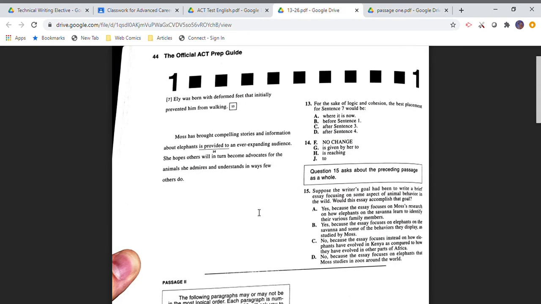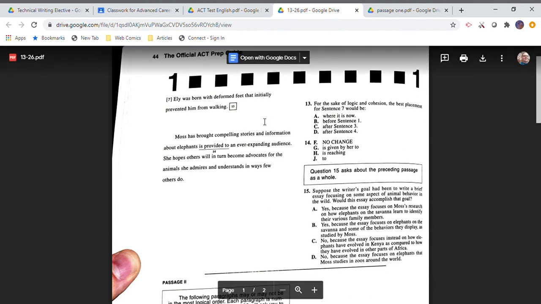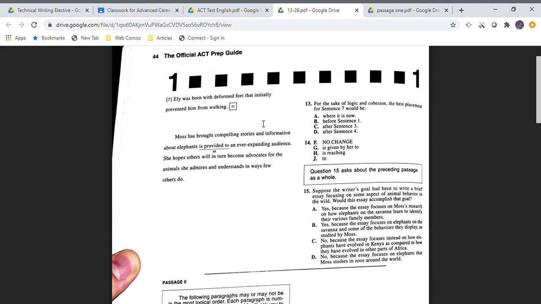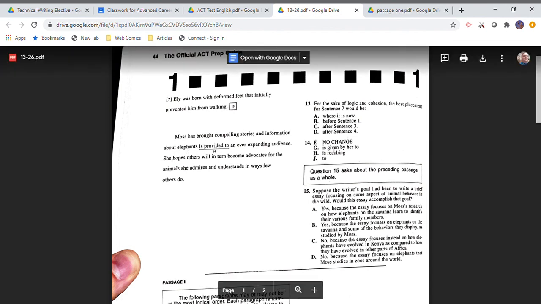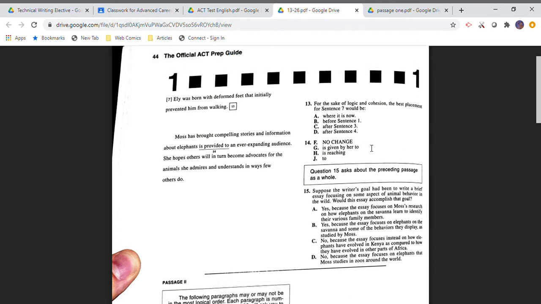Okay. "Moss has brought compelling stories and information about elephants is provided to an ever-expanding audience." That is awkward. "She hopes others will in turn become advocates for the animal she admires and understands in ways few others do." Okay. "Moss has brought compelling stories and information about elephants is given by her to an ever-expanding audience."